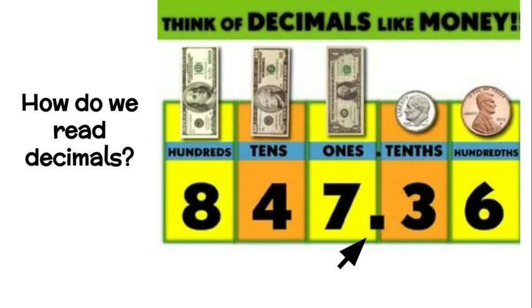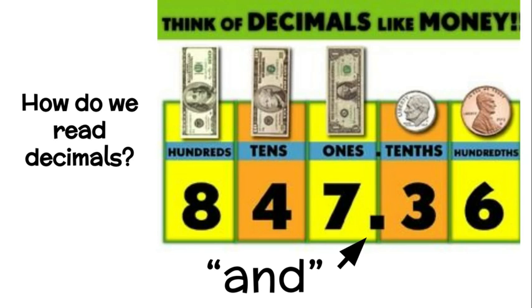So how do we read decimals? We practiced it a little bit just now, but the important thing to remember is this little dot right there, which in this case is a little square, but normally we know that it's a decimal point or a circle. And the thing when we are reading decimals that we want to remember is that important word and. Sometimes you see the word point, like I might say 847.36.